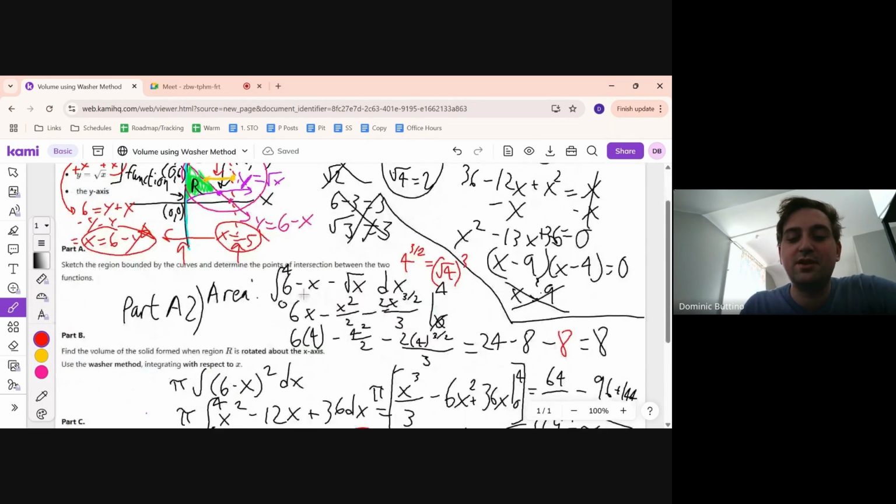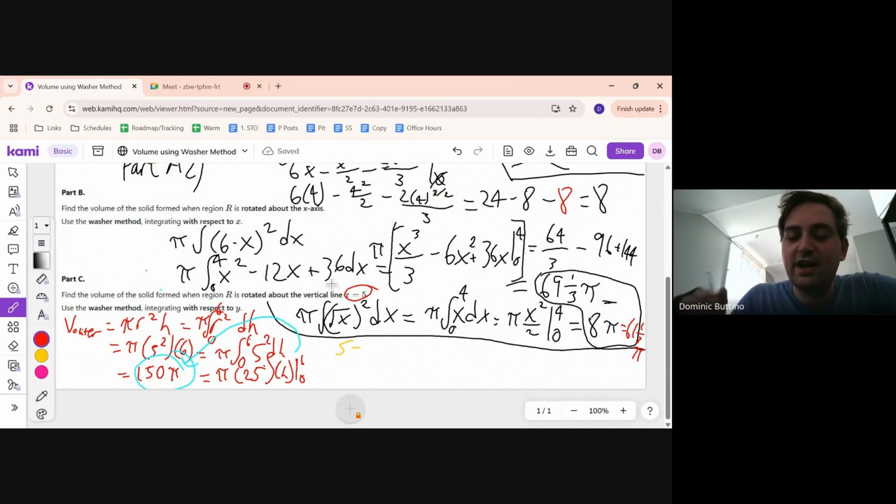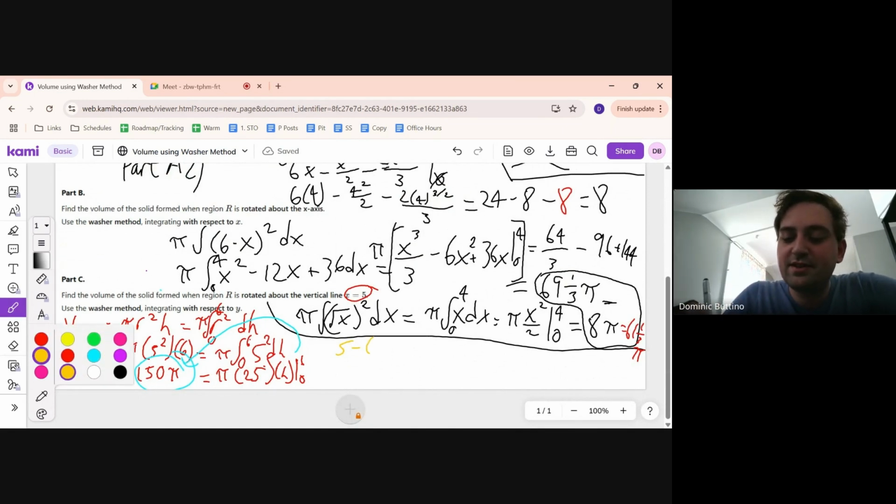So the curve is going to be 5 minus (6 minus y) in parentheses. Distribute that negative, and it becomes 5 minus 6 plus y, which ends up being y minus 1.